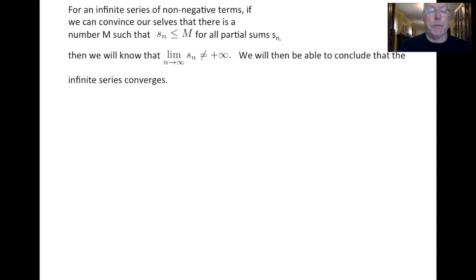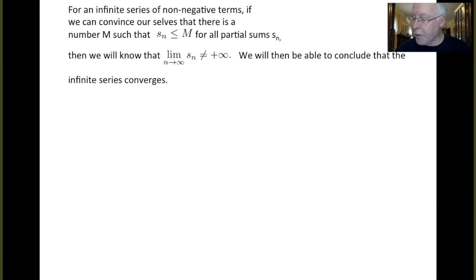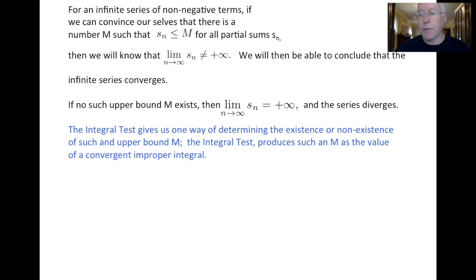So for an infinite series of non-negative terms, if we can convince ourselves that there is a number m such that the S sub n's are all less than or equal to m, so if that holds for all partial sums S sub n, then we will know that the limit of the sequence cannot be infinity, because it cannot get above the number m. We'll be able to conclude then that this infinite series converges.